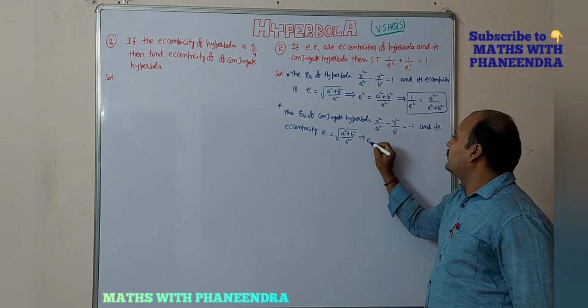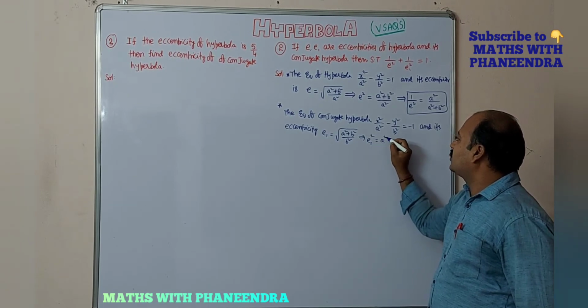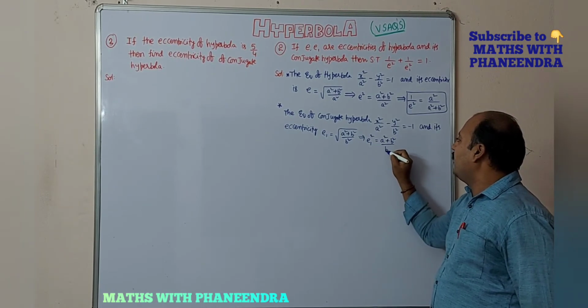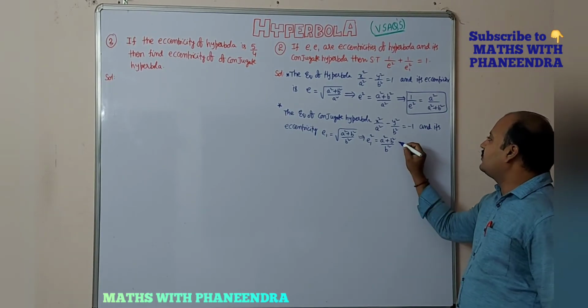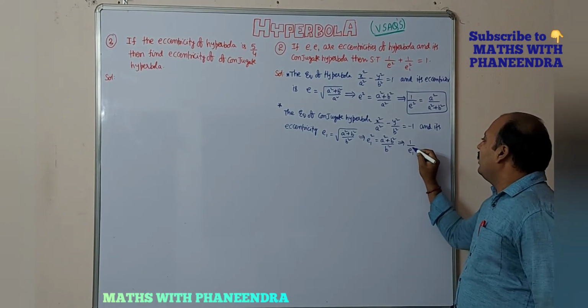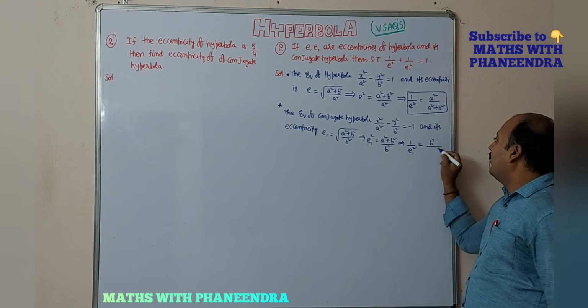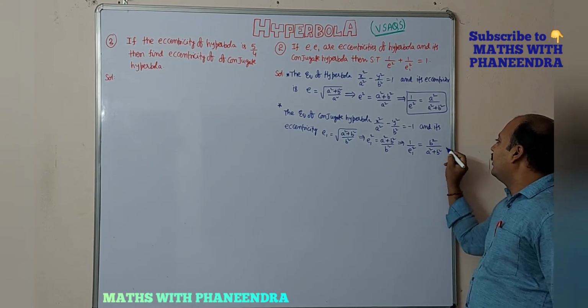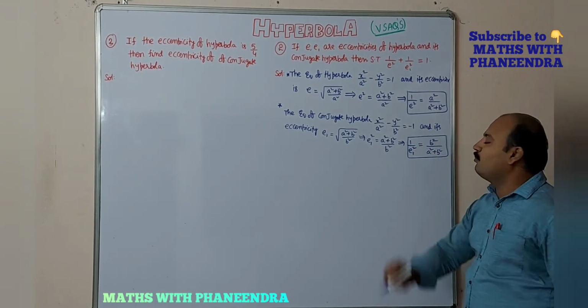Squaring on both sides, E1 square is equal to a square plus b square divided by b square, and write the reciprocal. 1 by E1 square equals b square by a square plus b square. This result also put in the box.